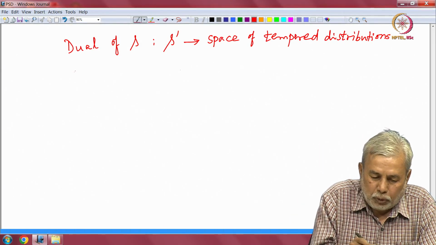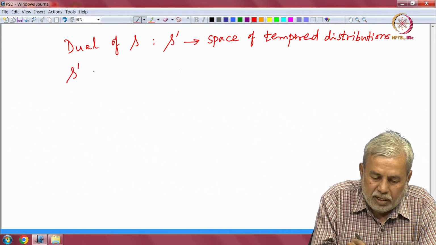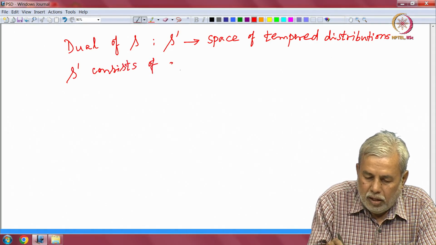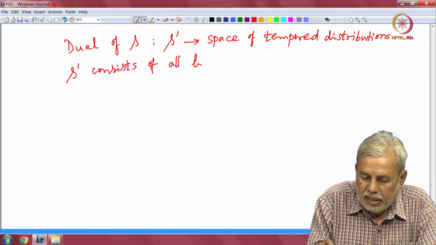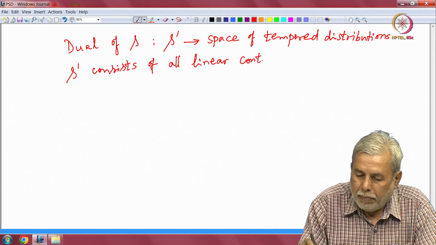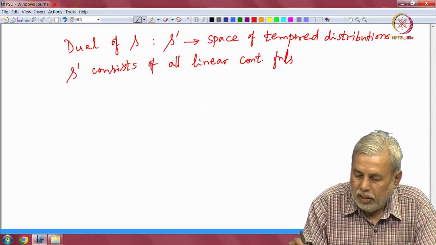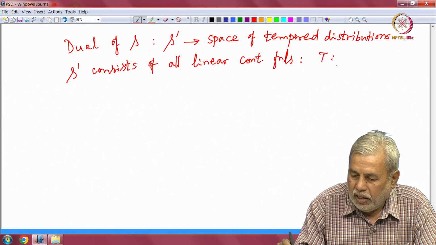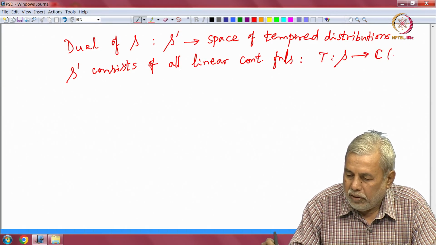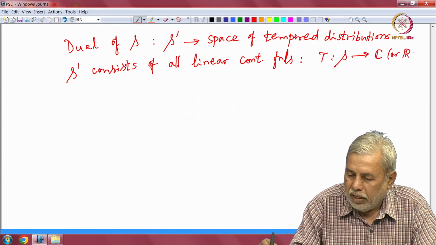As usual, this S prime consists of all linear continuous functionals T from S into C or R, as the case may be.